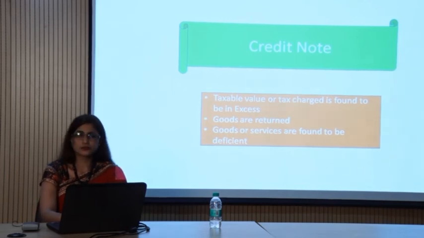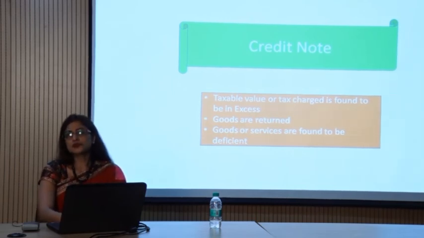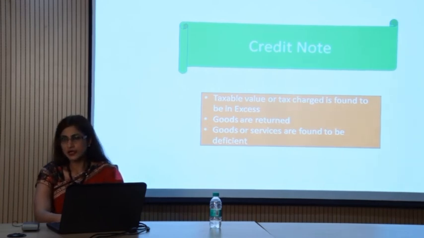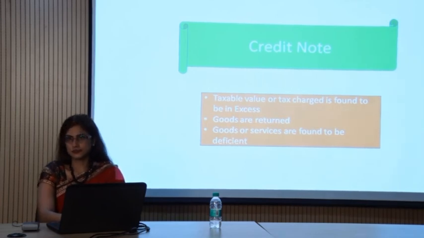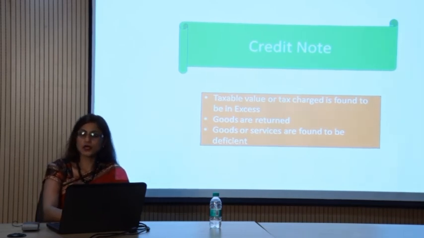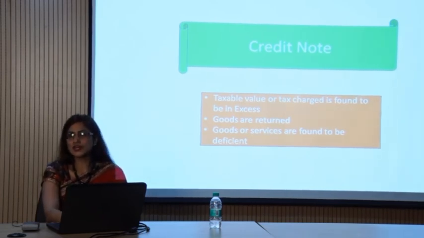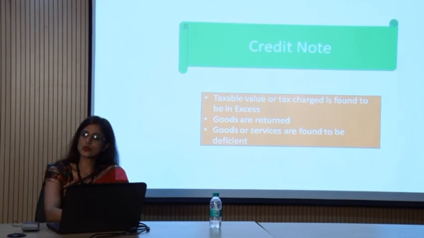For example, I am supposed to collect 500 rupees as GST tax, but I have collected 600 rupees. It means there is an excess collection of taxes of rupees 100. But now how to set off this tax? For this we will issue a credit note.